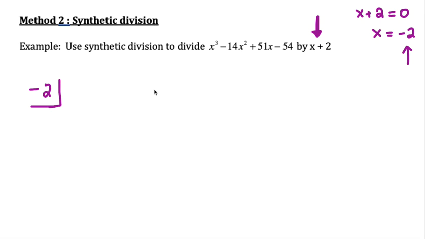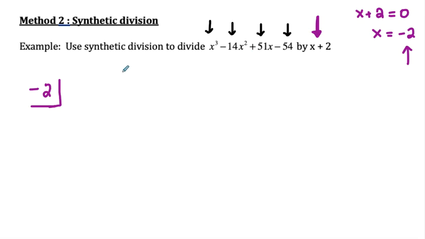Then I take the coefficient of each of the terms of the polynomial. Just like long division, I want to make sure there aren't any missing terms. If it went from x cubed to x with no x squared, then an x squared would be missing and I would have to deal with that. I'll show you that in the next example.